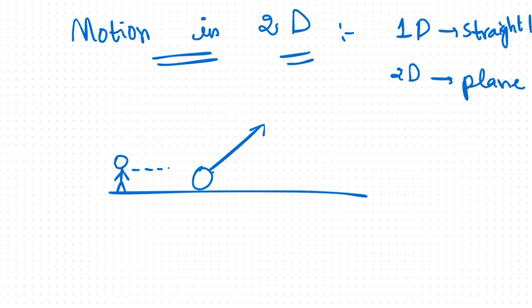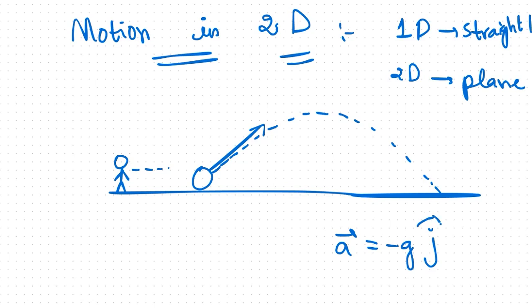So gravity is exerting a pull. Along what direction? Along the minus y direction, right? So acceleration is minus j cap. Can I write it like this?